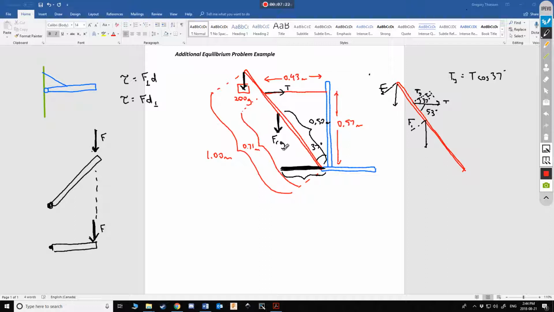So we can go ahead and solve for that. Okay, what is the torque caused by F_CG? So torque CG is equal to F_CG multiplied by, so again, instead of finding the perpendicular force, I'm going to find the perpendicular distance. So that's going to be equal to 0.50 meters.